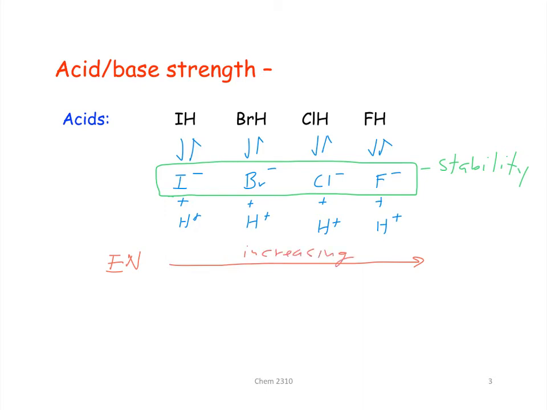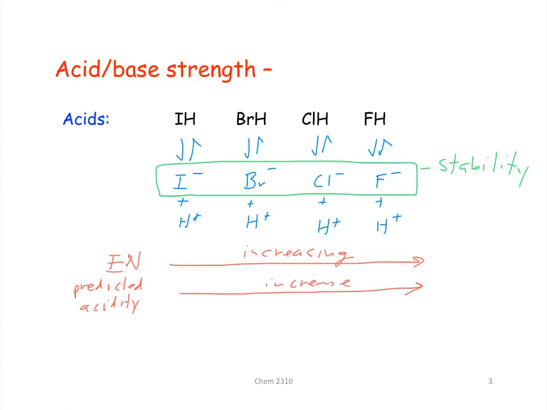Based on that, which end would be more acidic? The predicted acidity, if we did this just like on the last slide, we would predict to increase as we go from left to right.